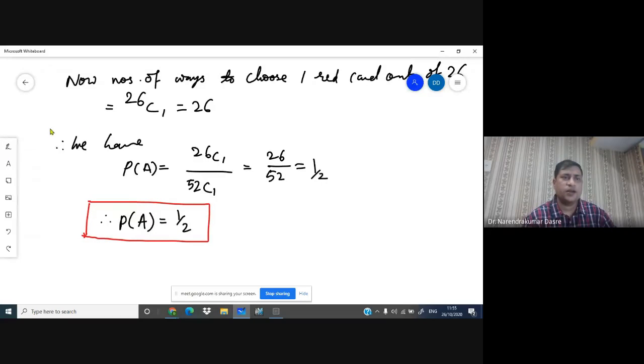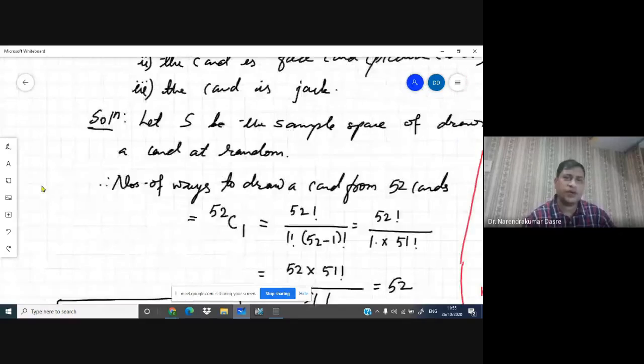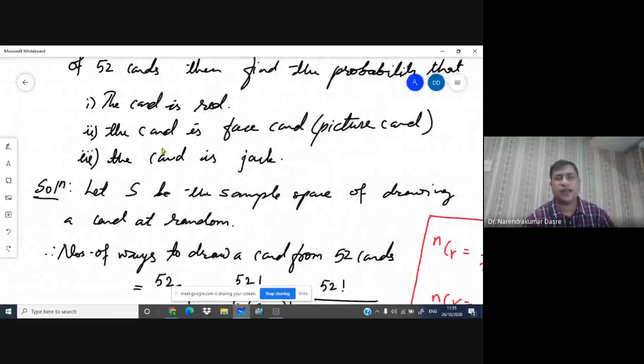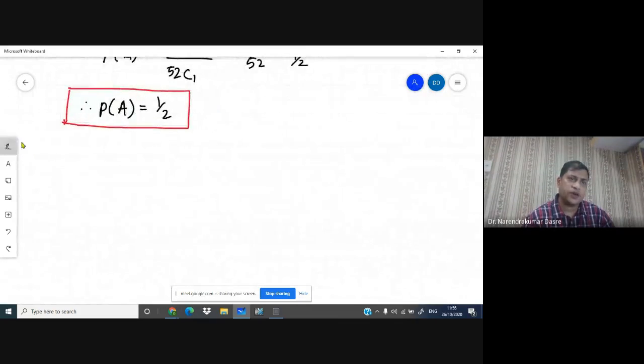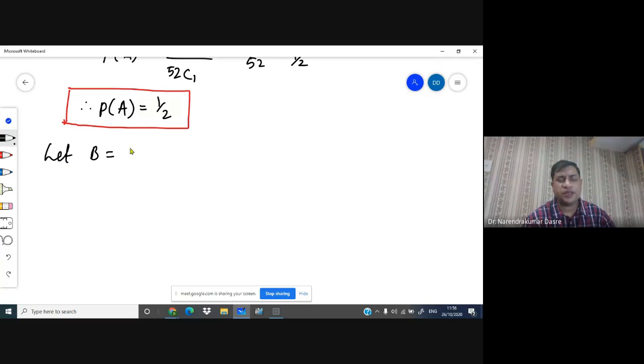Now let us see what is the next event we have. The next event is that the card is a face card, or a picture card. So we should know about the picture cards. Let B be the event that the card is a picture card.